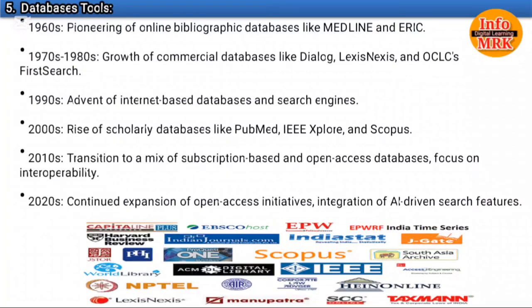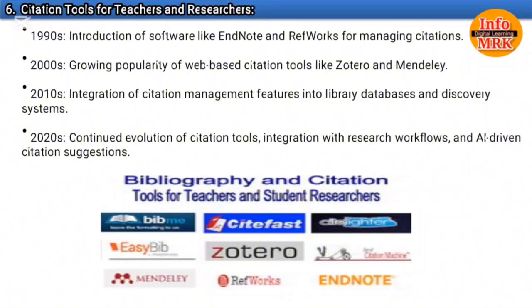And in the period of 2020, continuous open access activities and integration of AI-driven search features are mostly used, because in the period of AI, more and more research activities are being facilitated in Scopus, IEEE, Elsevier and other applications for research activities and conducting new research with tools.